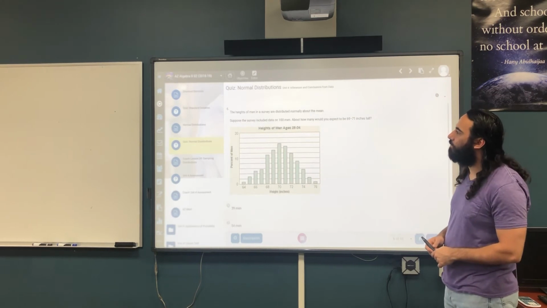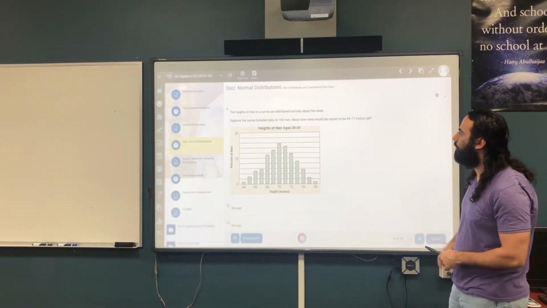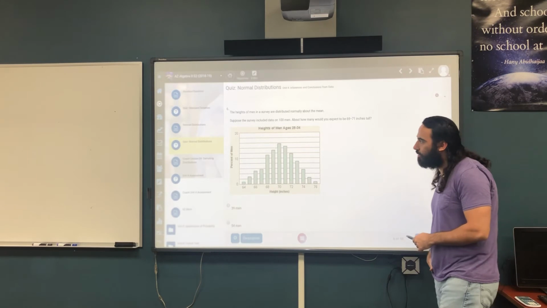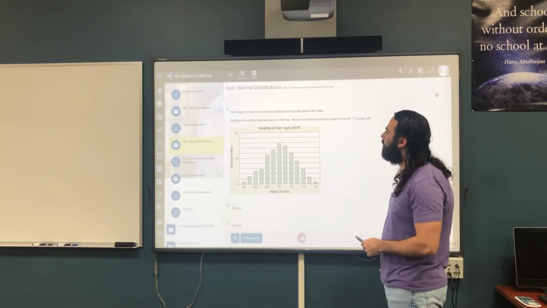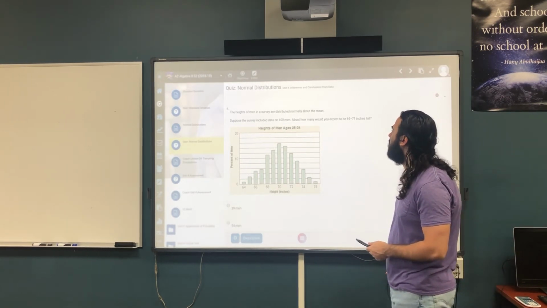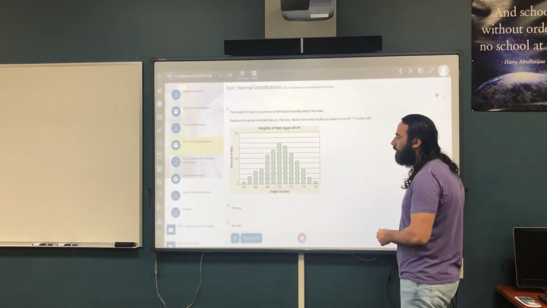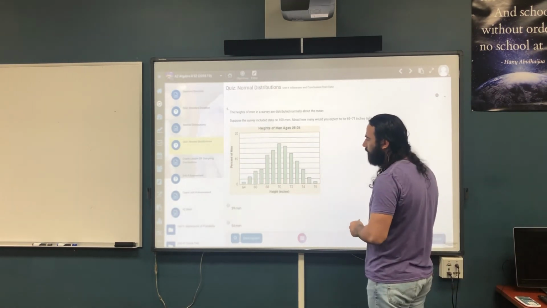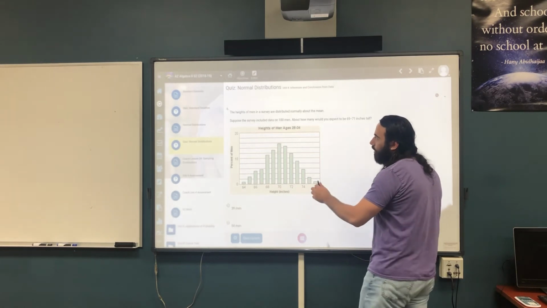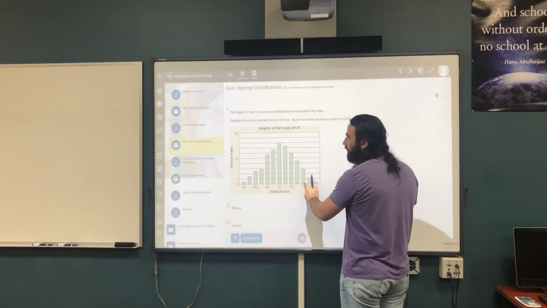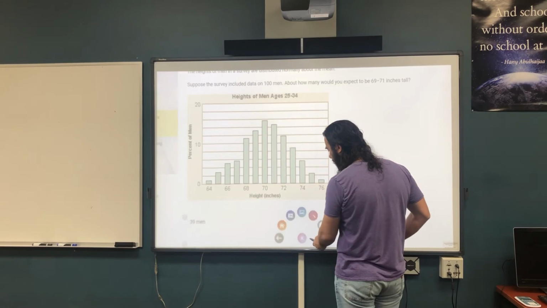The heights of men in a survey are distributed normally about the mean. So suppose the survey included 100 men, about how many would you expect to be between 69 and 71 inches? So between 69 and 71 inches. The same thing, guys.